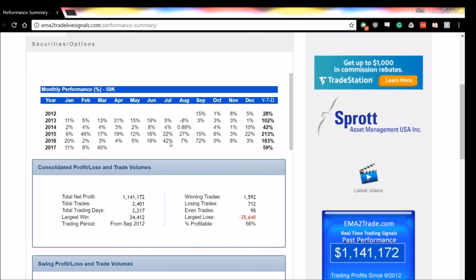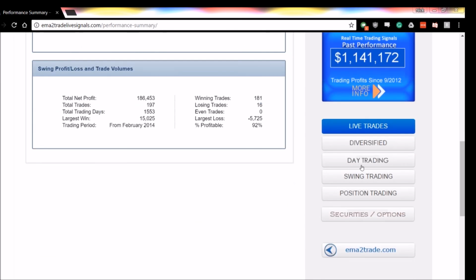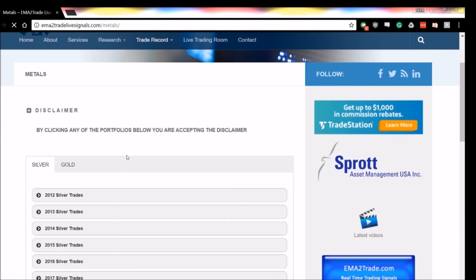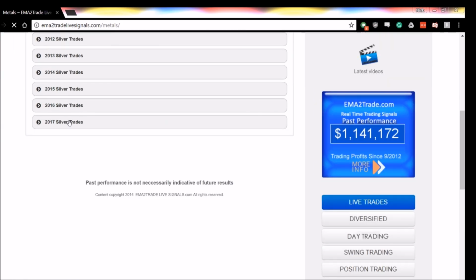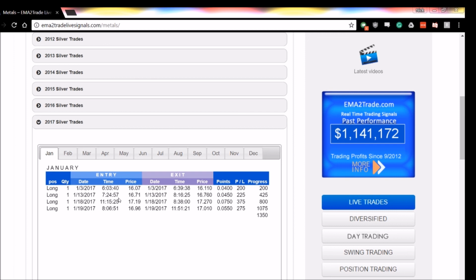You can check the history, the backtesting history, you might say, of this prospective trading that you see here. We have documented all the trades from day trading to swing trading. You can go here, look at the trades month to month, year to year, and we document the trades with time and price, the date, quantity.